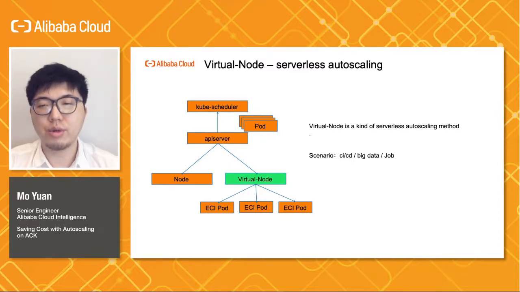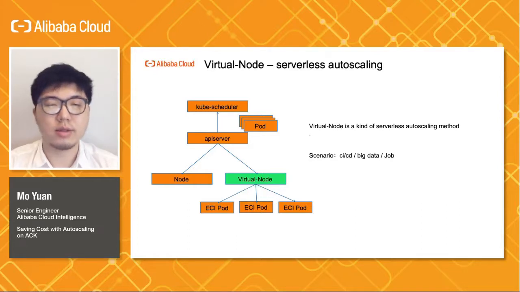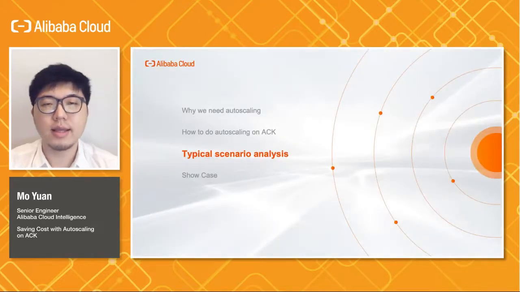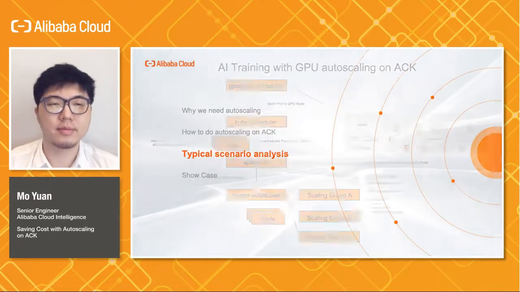When the pod is scheduled to the virtual node, it will finally be created as a serverless ECI pod. This kind of autoscaling method is very useful when you do CI/CD, big data, and jobs. It's fast, simple, and has low learning cost. In the next section, I will introduce some typical scenarios.